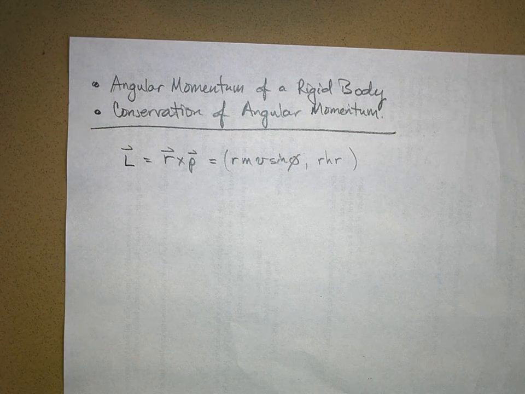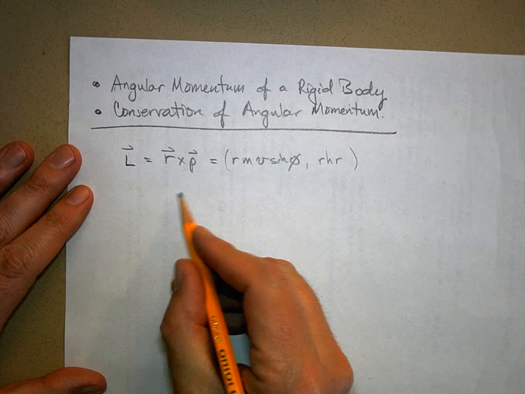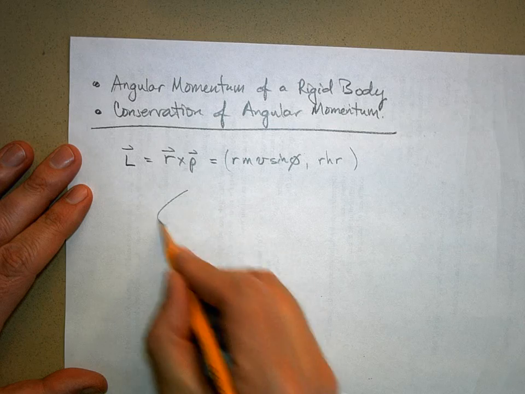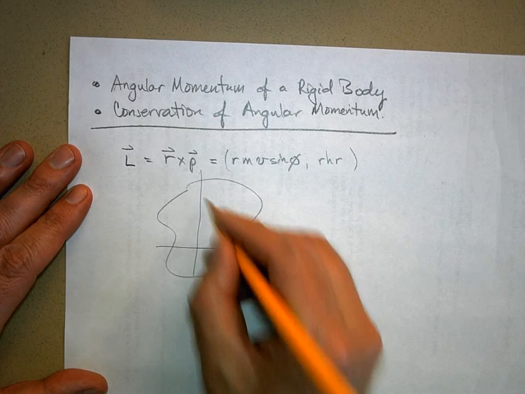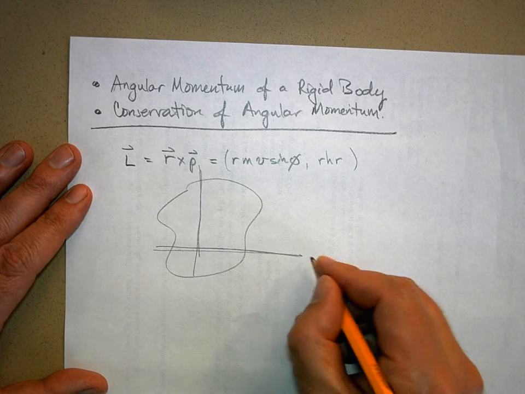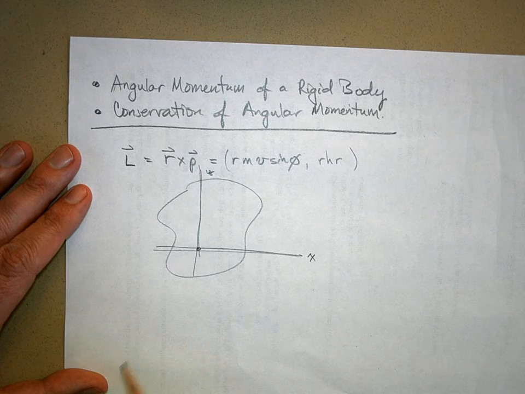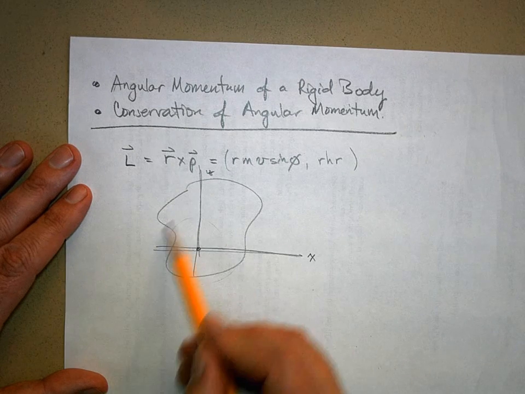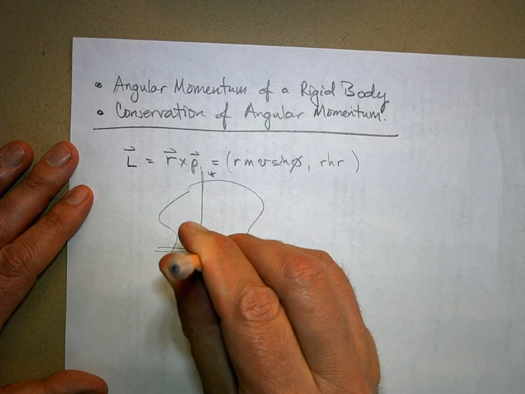Okay, well, if we have a rigid body, let's take a look at some blobby shape here. And so here's my blobby shape. Here's my x-axis and my y-axis. And let's say that here's my axis of rotation, and this thing is just going to rotate around the z-axis, which is coming right out at us.